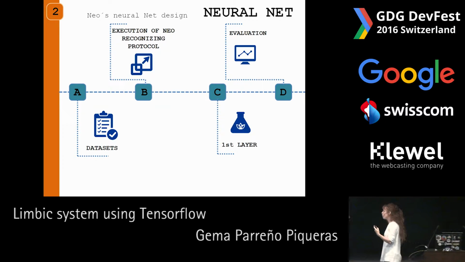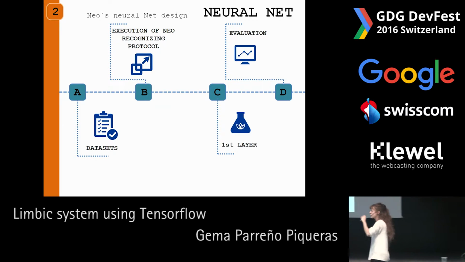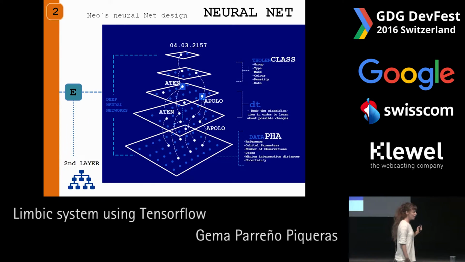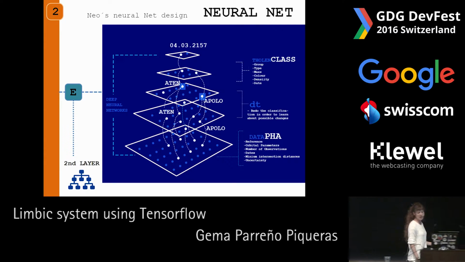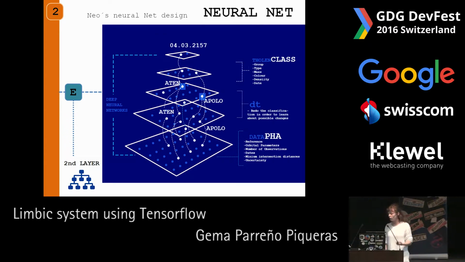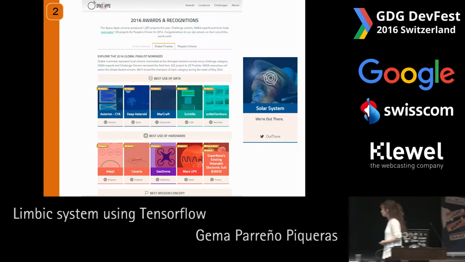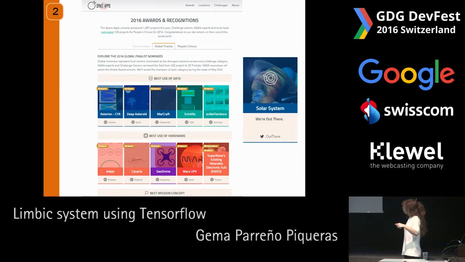In fact, TensorFlow is very good for that, because you can slice the tensor, which is one of the main core units, and then put a second, third, fourth layer, wherever you might want. At the end, we were awarded.